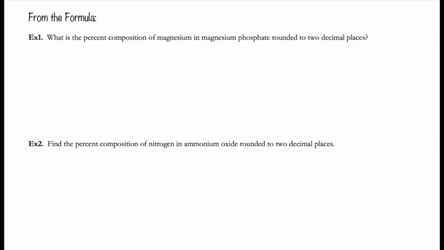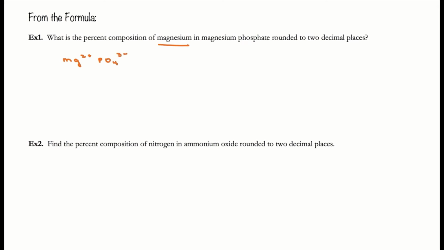Example 1 says, what is the percent composition of magnesium in magnesium phosphate, rounded to 2 decimal places? Well, in order to know the percent composition of magnesium in magnesium phosphate, I need to know the formula for magnesium phosphate. Magnesium has a 2+ charge. Phosphate has a 3- charge.